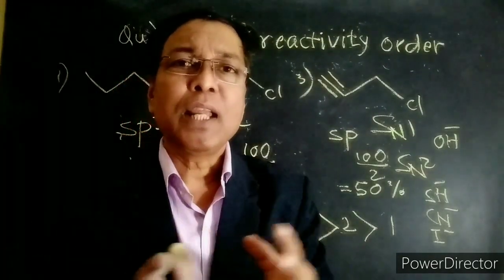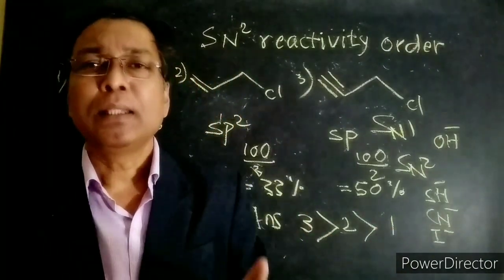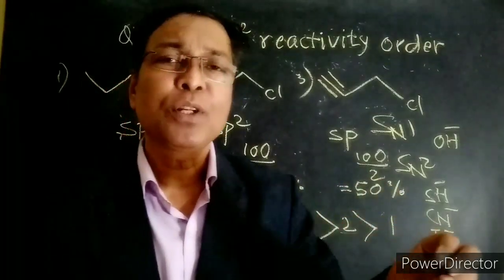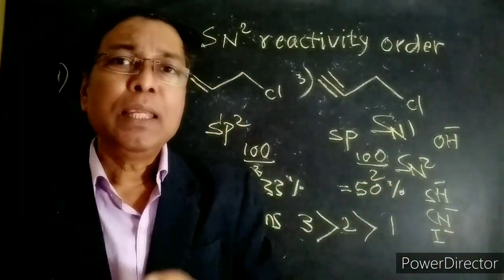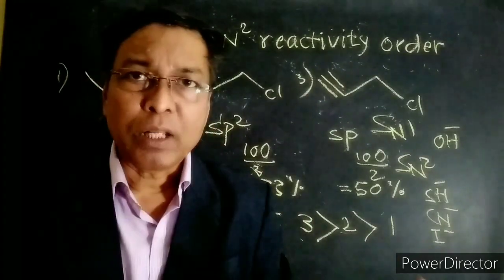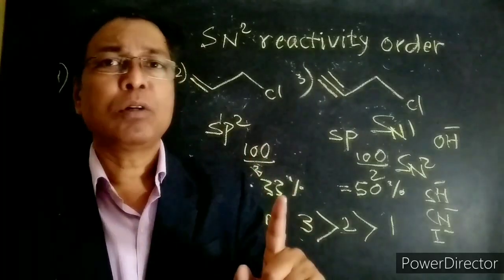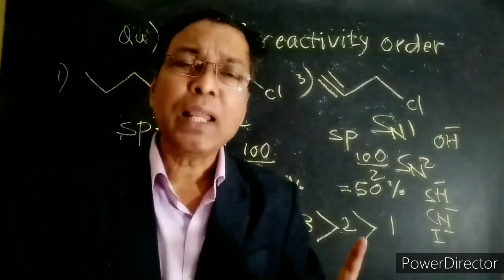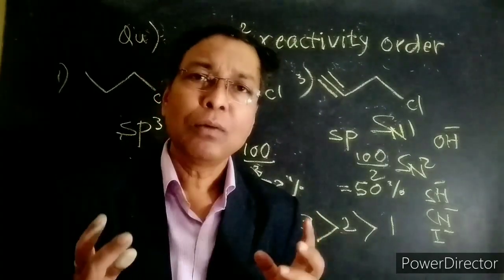The rate of the reaction depends upon the concentration of both the reactants, that is the alkyl halide as well as the nucleophile. The SN2 reaction is a bimolecular second order reaction. SN1 reaction is a unimolecular first order reaction. SN1 reaction takes place in 2 steps and SN2 reaction takes place in 1 step.